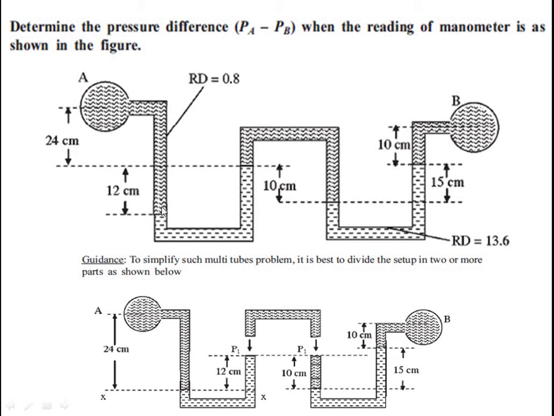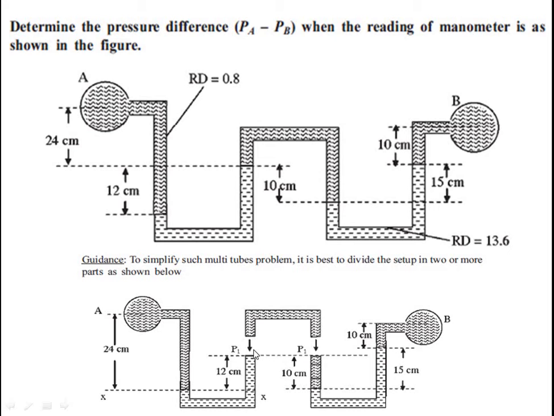This is a downward water level of 12 cm, this is up to 10 cm and here it is up to 15 cm. The fluid used here has a specific gravity of 13.6, and the fluid used here has a specific gravity of 0.8.